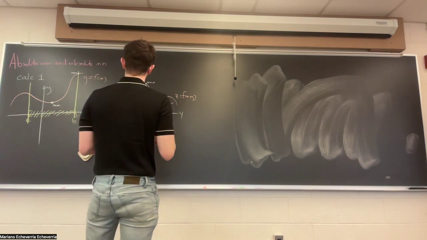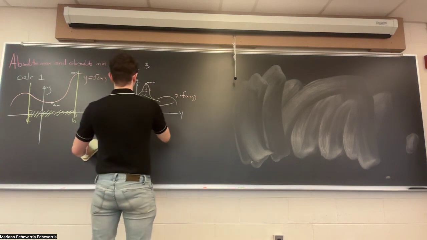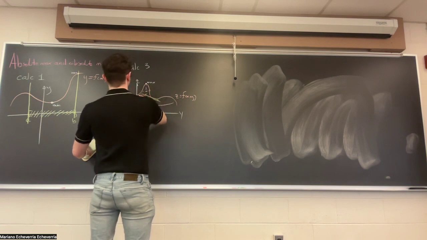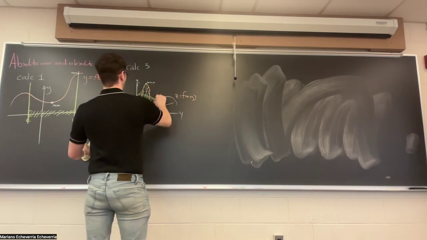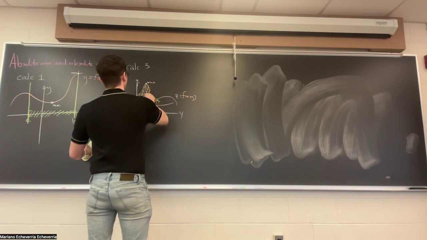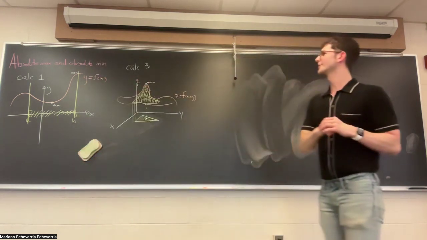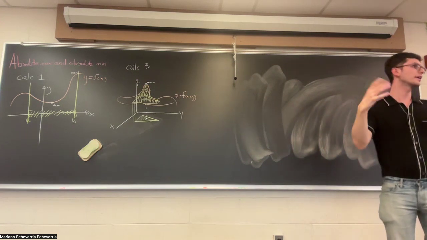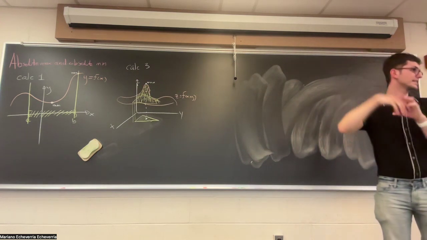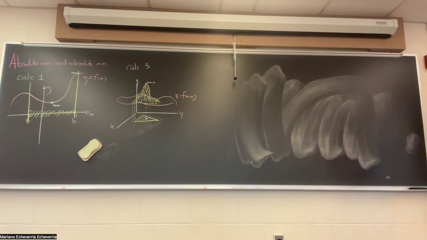Let's see, how should I draw this? Oh, this is actually a bit tricky to draw. But what I'm trying to say is that you only care about the region that I am coloring in yellow, because it's the stuff that sits above the triangle.